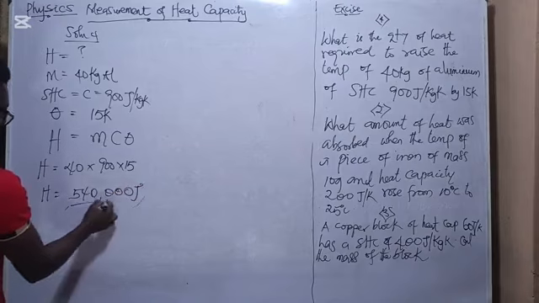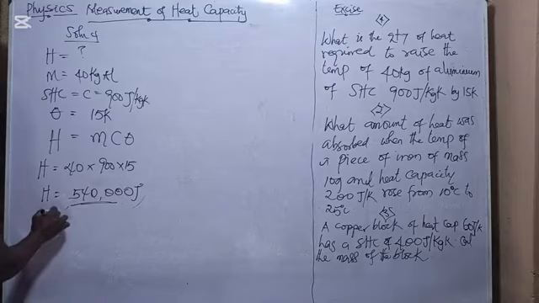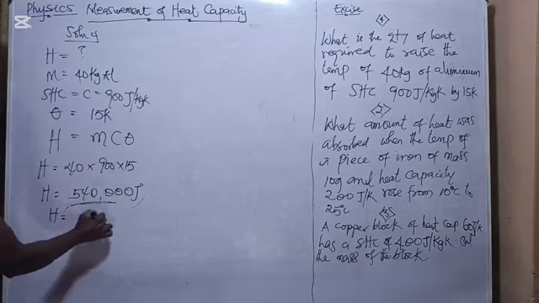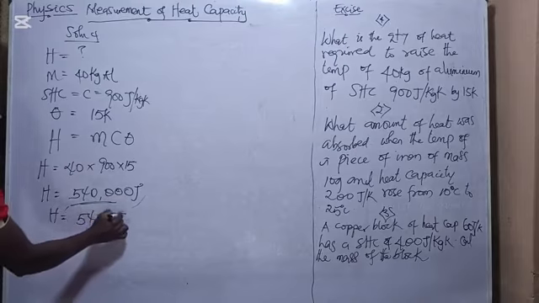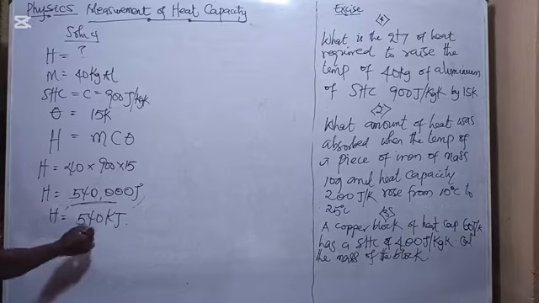Heat is measured in joule. So we have 540,000 joule, or approximately you can convert this to kilojoule. We have 540 kilojoule. You convert it to kilojoule because you know that 1000 joule is equal to 1 kilojoule.